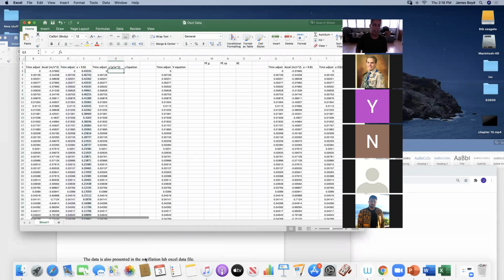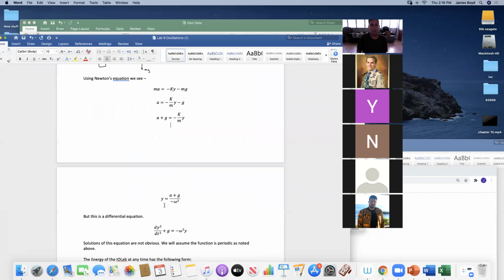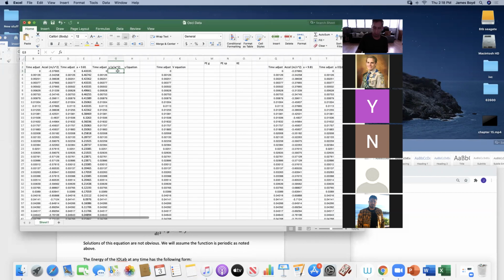Now y, as I said here, is actually a plus g divided by omega squared, where omega squared is k over m. So here what I want you to do is hit equals this column, E2, divided by what we got for our 7.3642 times 7.3462 y.